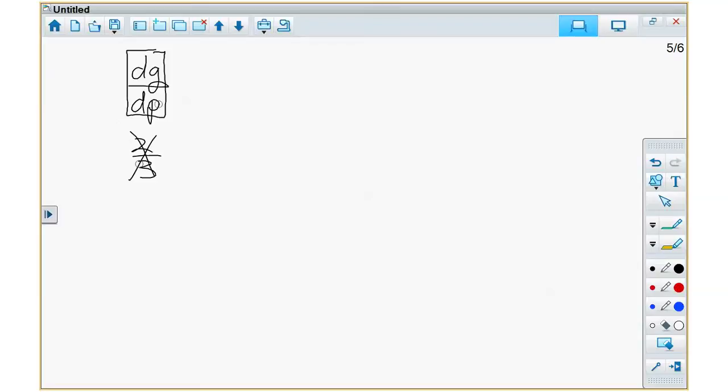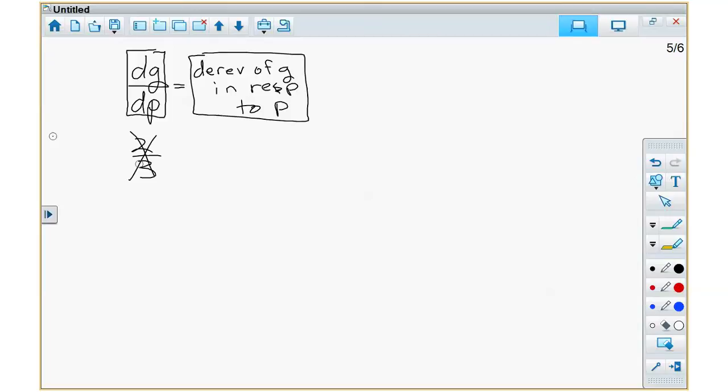This says the derivative of G with respect to P. This is not a fraction. This is a symbol. So when you see this, think of it as a symbol. You're not plugging in numbers for these two. That's why I don't like to use it.